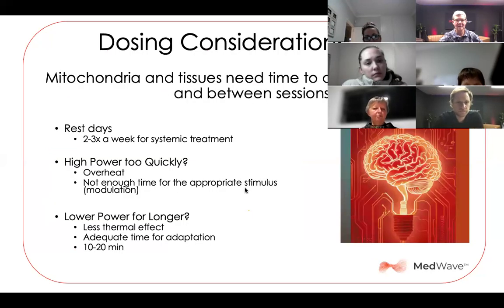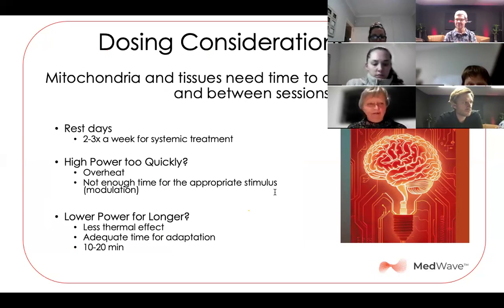Our kind of first principle thinking reminds us that photobiomodulation is targeting a system that needs to respond and adapt, and it's responding in the session and it's responding between sessions. So you need a rest day in general, unless you're treating someone very specifically and you've now decided this is the strategy we're going to take.